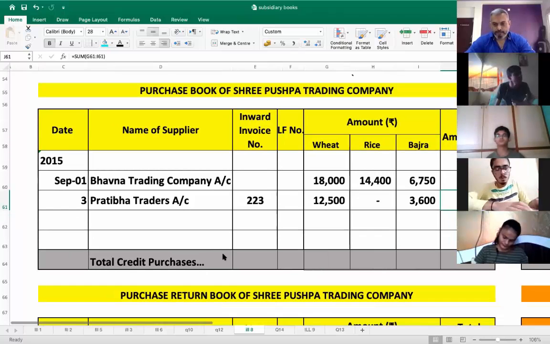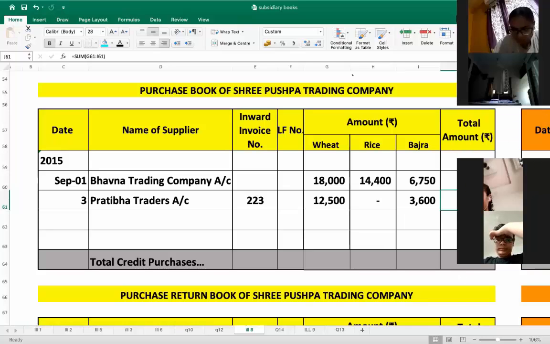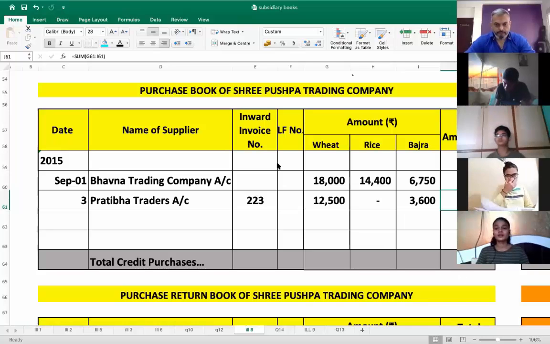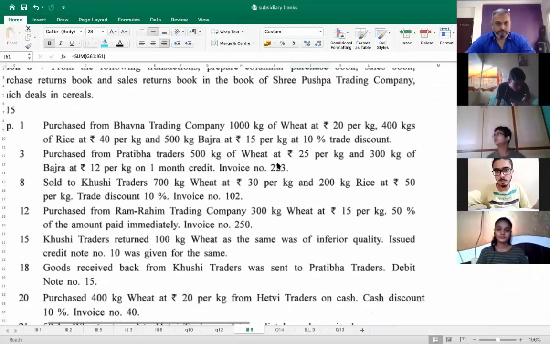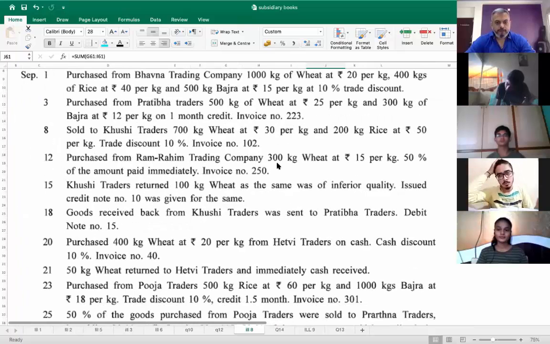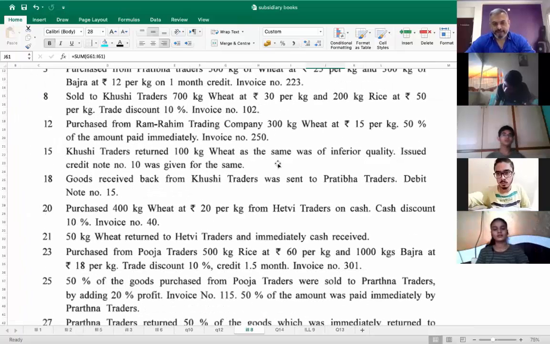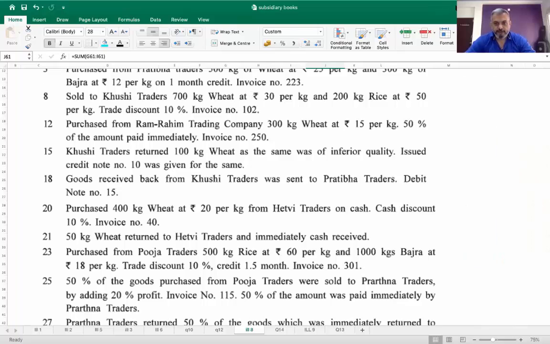Proceed now. Okay. Now, sold to Khushi Traders, eighth one: sold to Khushi Traders 700 kg wheat at 30 per kg and 200 kg rice at 50 per kg, trade discount 10%, invoice number 102.